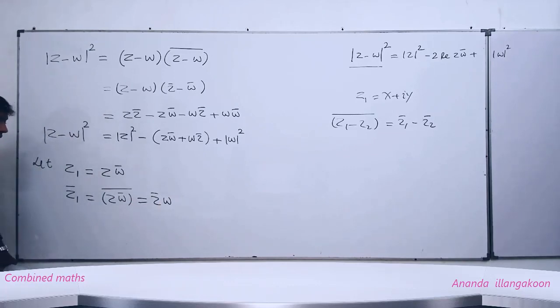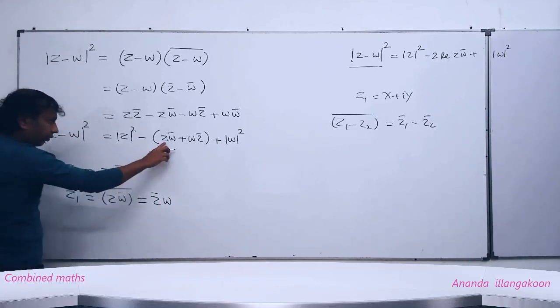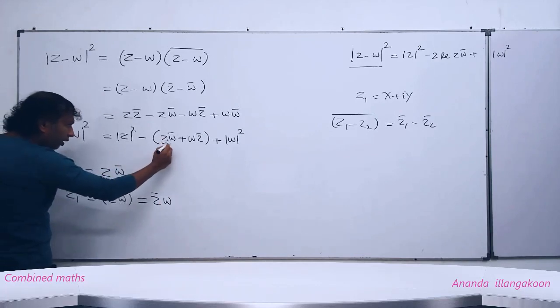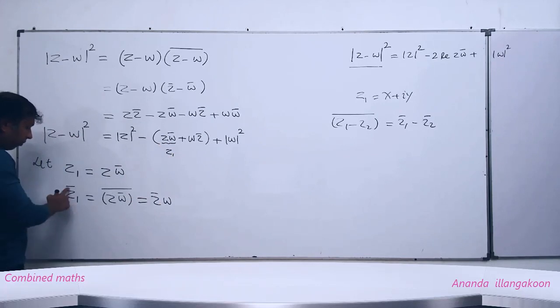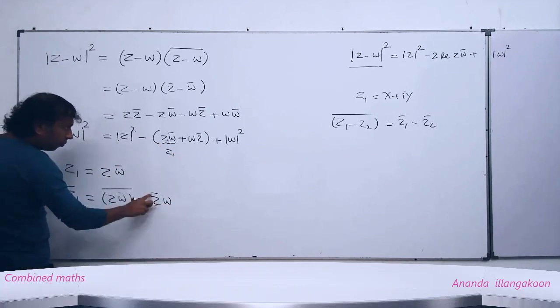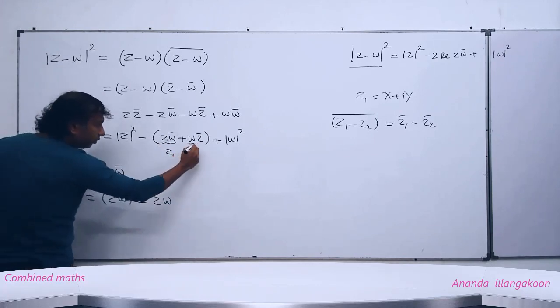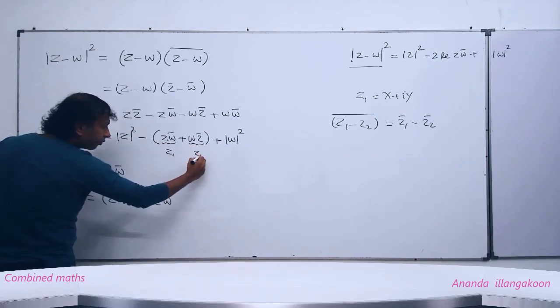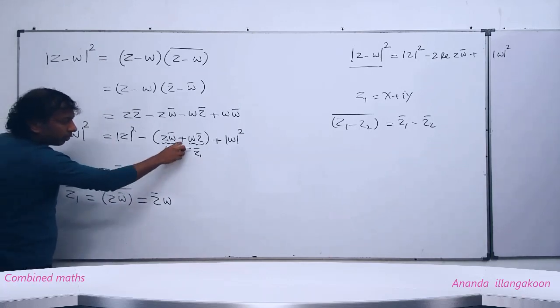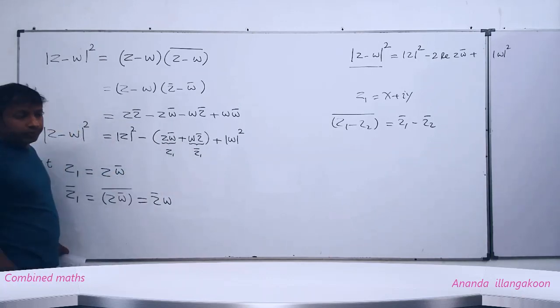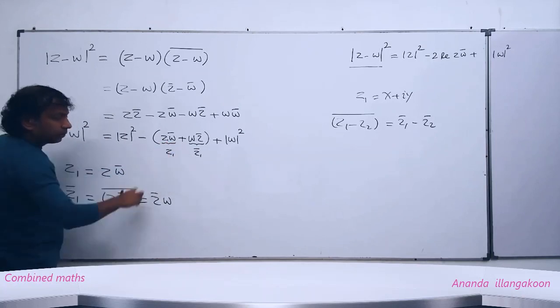Then you can very clearly understand, if you take this as your complex number z1, z1 bar is going to be w z bar. This is z1 bar. Right? Then here we have a complex number plus its conjugate.